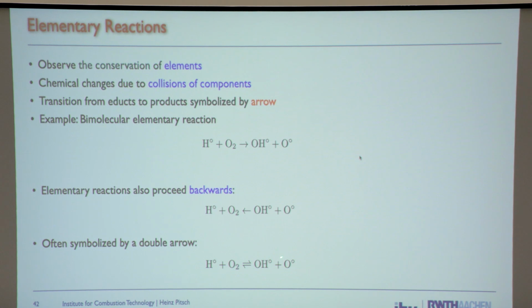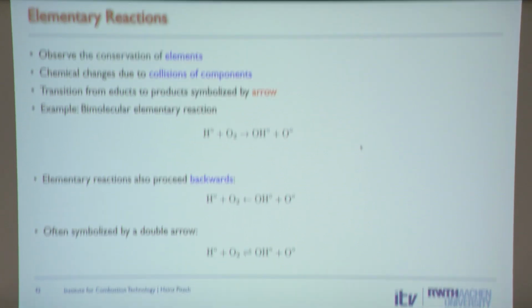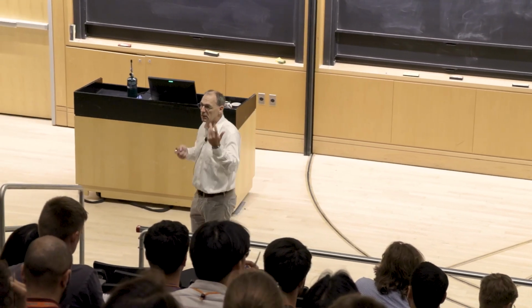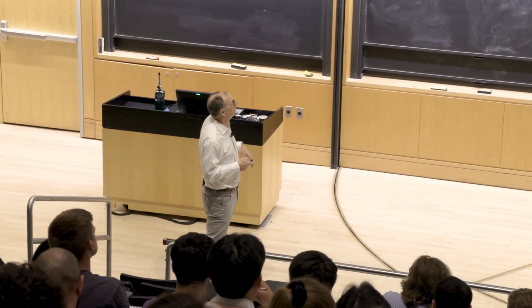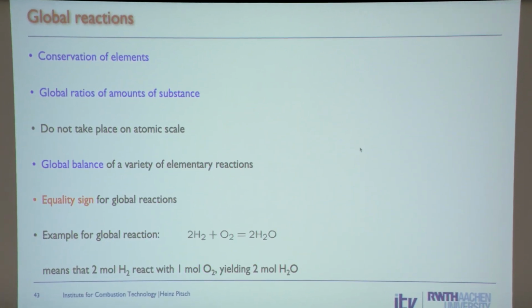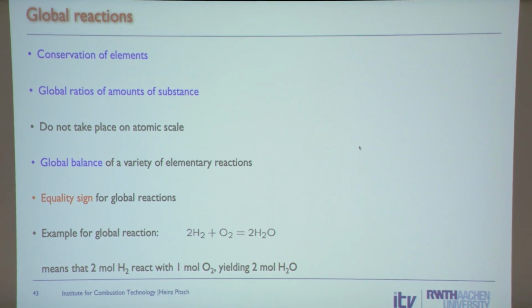We use this little circle to say it's a radical. This is not commonly done, so don't think you always have to do this. It's just here to make it easier for our students to see what's a radical and what's not, because later on the distinction is really important.